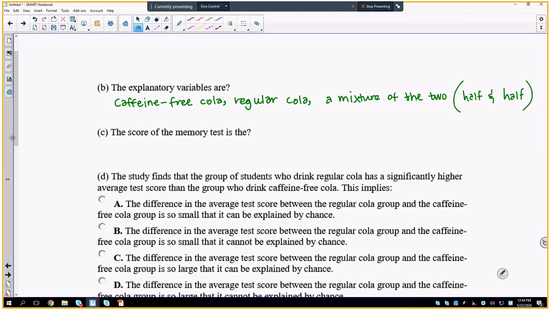The score of the memory test is the response variable. This is how we're measuring the effect of caffeine.